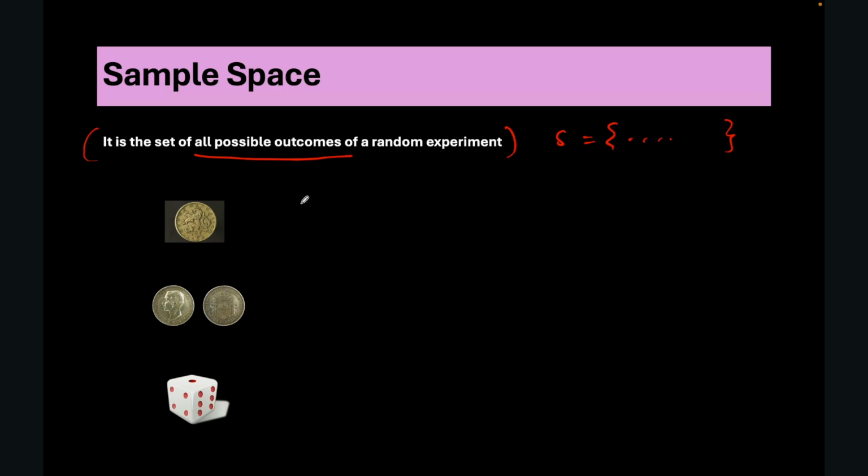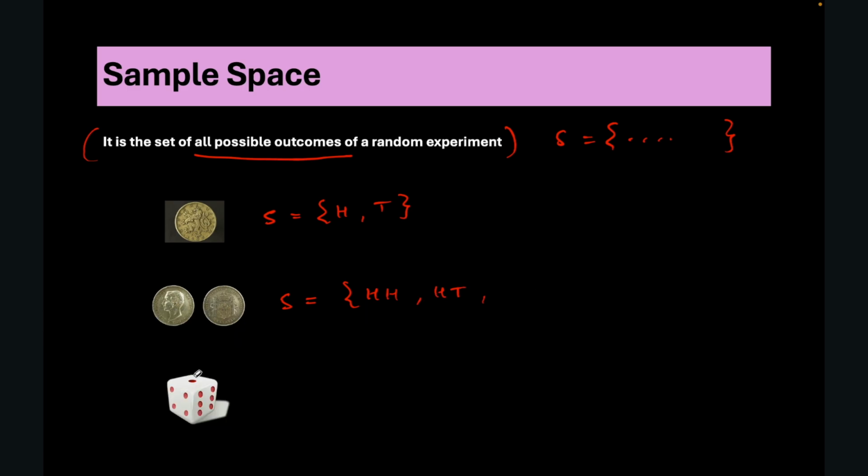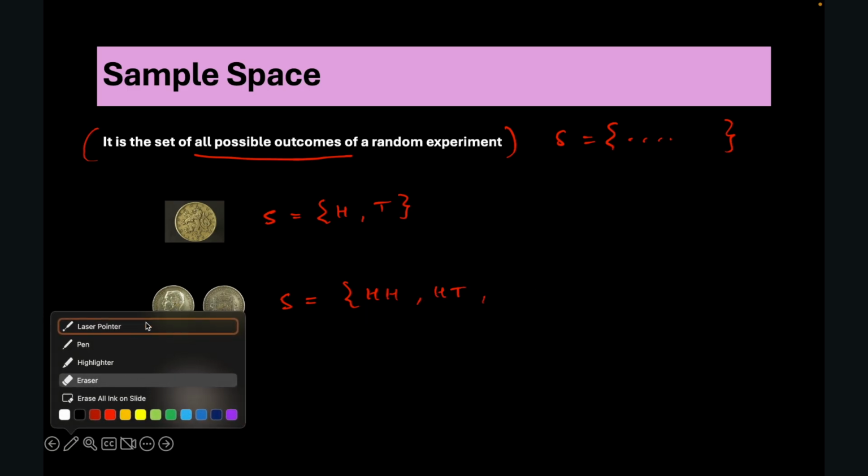So the sample space for flipping one coin is either heads or tails. It's as simple as that. When you're flipping two coins at the same time, you can have heads, heads. You can have heads, tails. You can have tails followed by heads, like this.